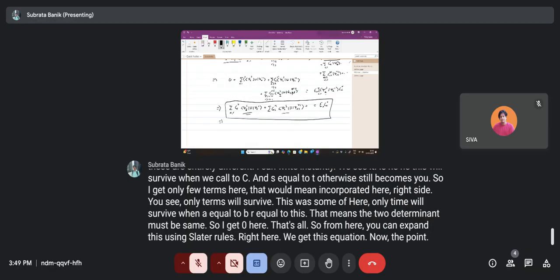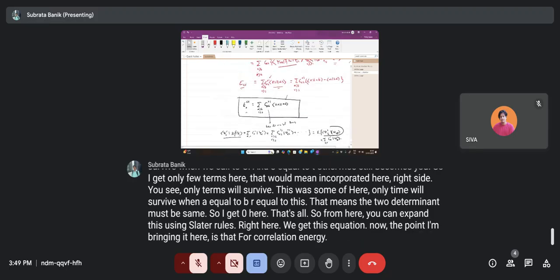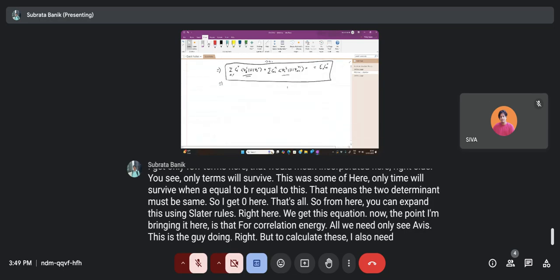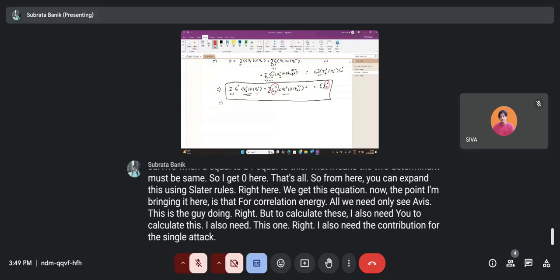Now the point I'm bringing here is that for correlation energy, all we need is only CAVRS. This is the guy we need, right? But to calculate this, I also need the contribution for the single excitations.